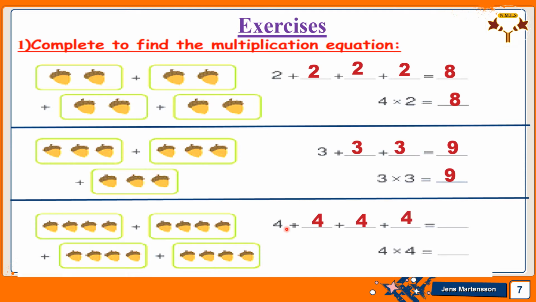So now 4 plus 4 plus 4 plus 4 will be 16, yes. And we can represent it as a multiplication equation. It will be 4 groups of 4 items. It will be 4 times 4 equals 16.